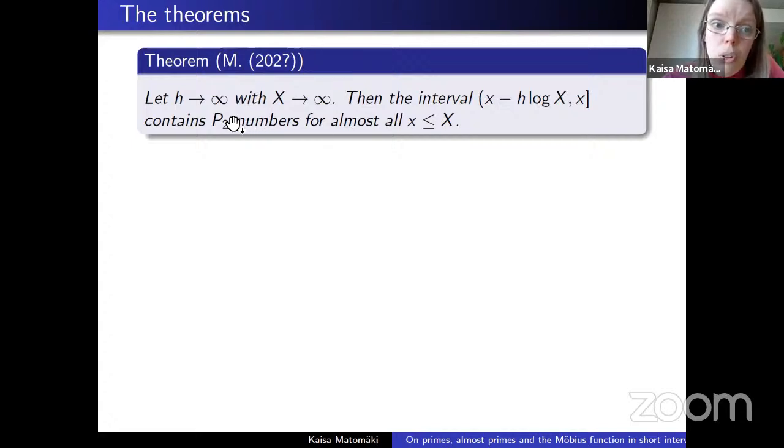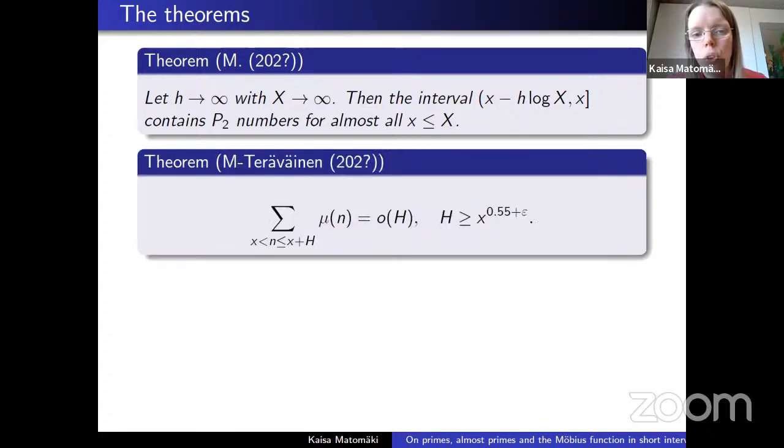The conjecture says that these intervals almost always contain primes, but this conjecture is known only assuming some further conjectures like the Riemann hypothesis and the pair correlation conjecture together, or by assuming the unlikely conjecture that there are infinitely many Siegel zeros. But unconditionally, we can only reach P2 numbers. This is because if you look at these intervals, there's absolutely no proper type 2 information available. We can only have type 1 information there.